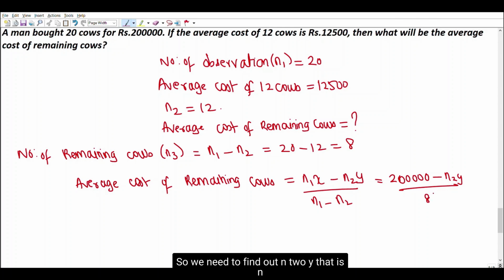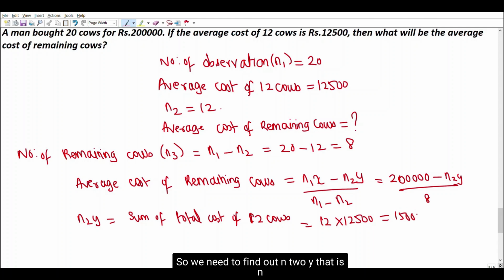So we need to find out n2y, that is the total cost of 12 cows, which is equal to 12 into 12,500, which is 1,50,000.